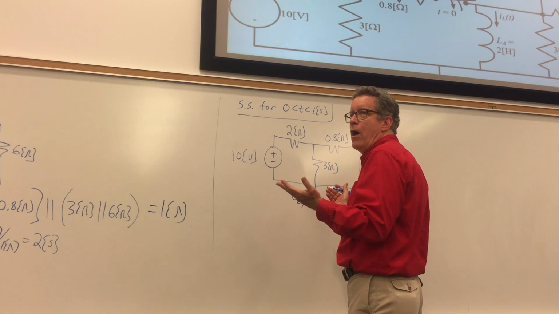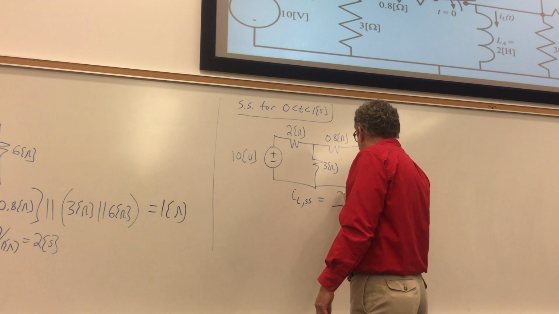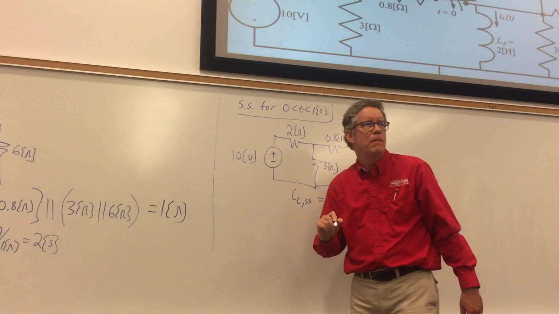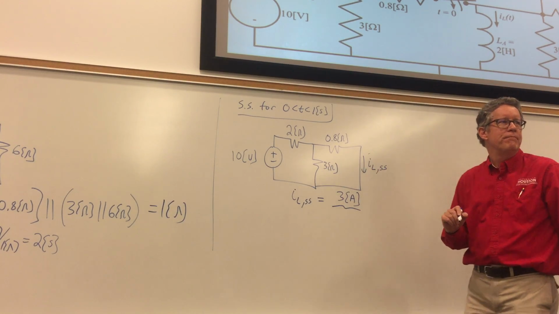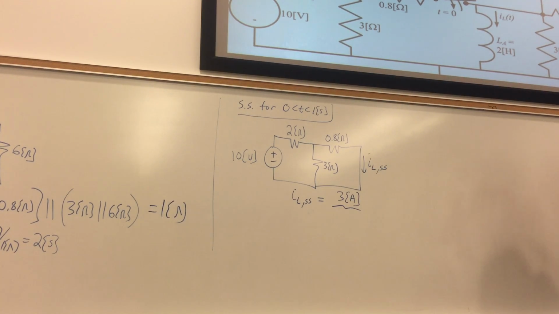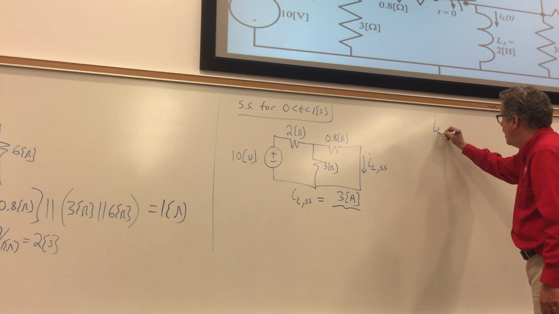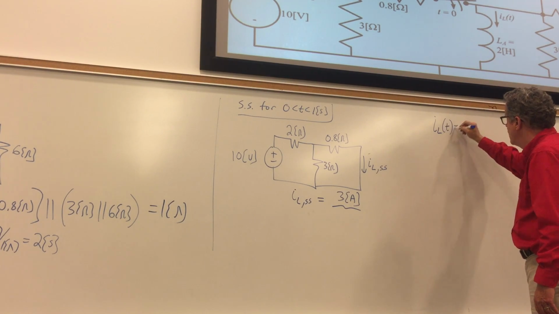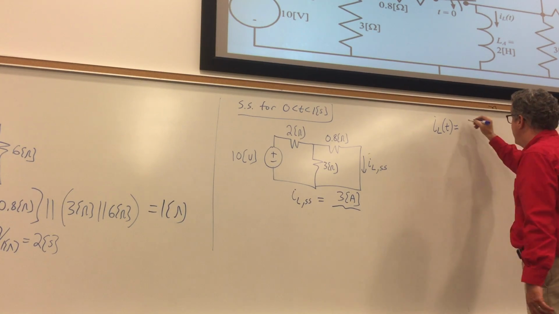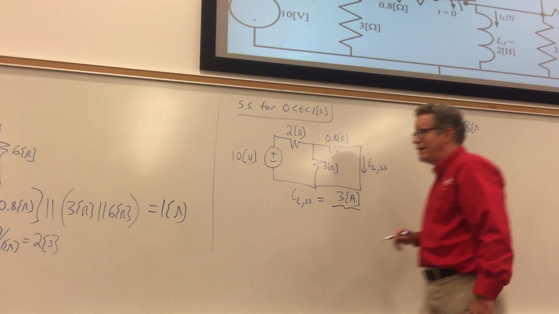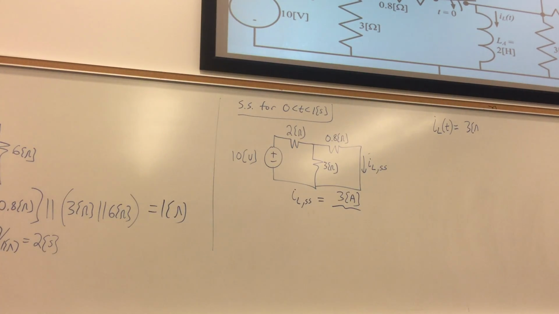Let's pretend it was 3 amps. That's unlikely, but who knows? I don't care. Let's just pretend. If it's 3 amps, your next step is to write iL of t is equal to that value. In fact, I'm going to put units all together at the end, so we'll leave it off here.